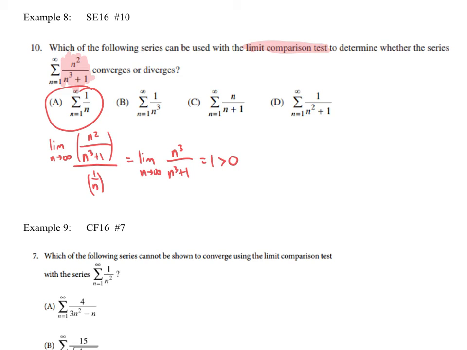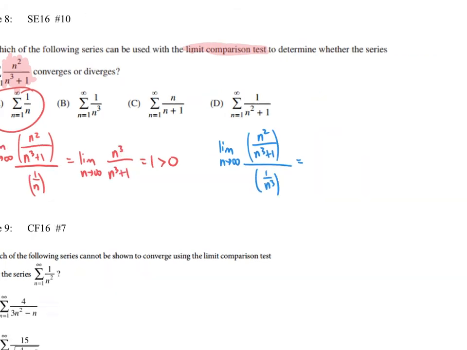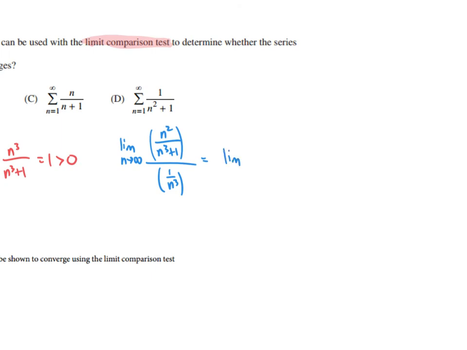But let me show you why one of the other ones won't work. Let me just take letter B. If we took letter B and looked at the unknown series and divided by 1 over n cubed, we get the limit as n goes to infinity of n to the 5th power divided by n cubed plus 1, and that will be infinite.